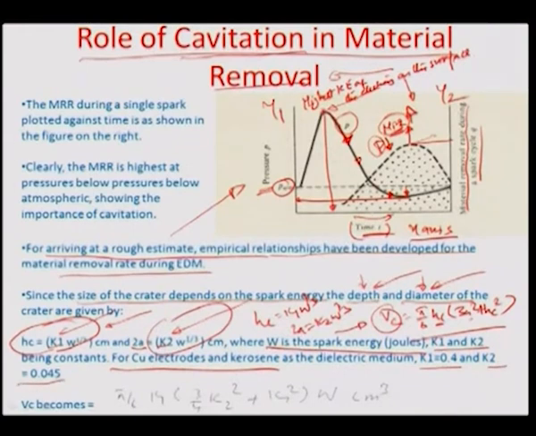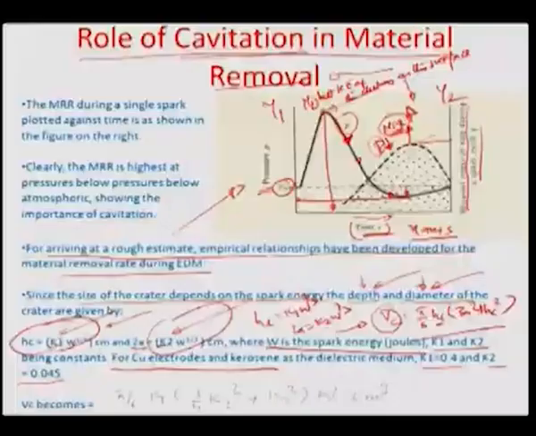If it changes to something like iron and the medium is something like silicone oil, k1 and k2 may as well change. So it is really a property which depends on what material is being machined, what material is being used for the electrode, and what material is the dielectric fluid.